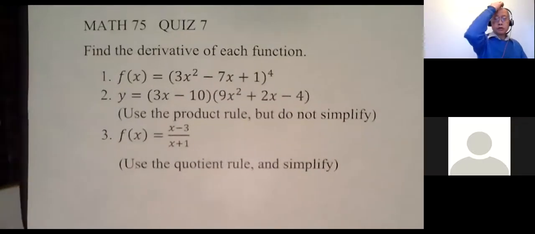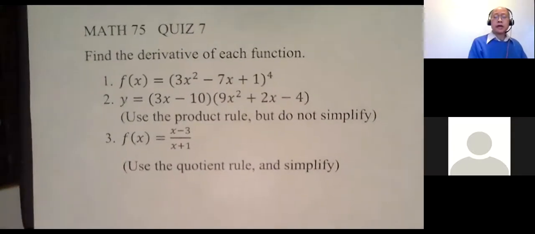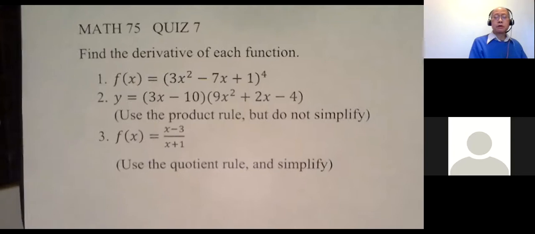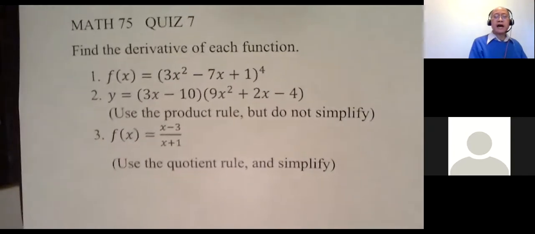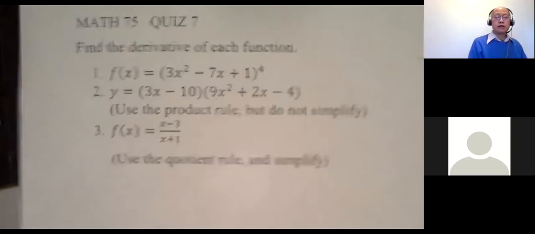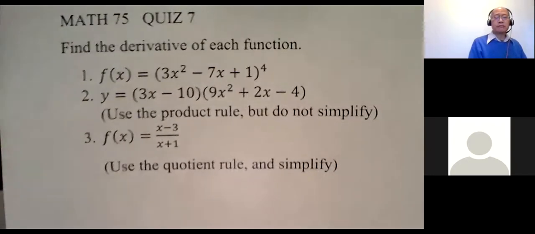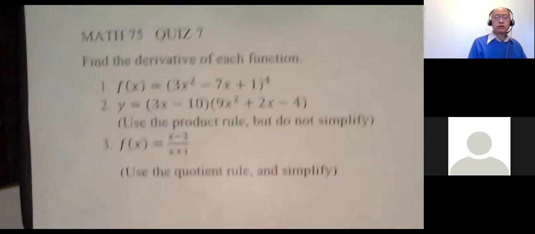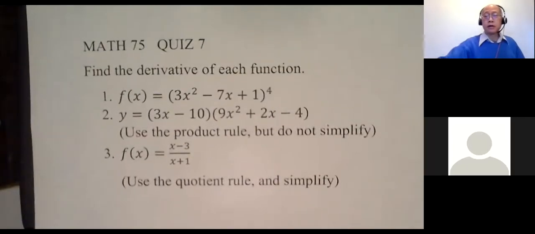Number two, y equals (3x minus 10) times (9x squared plus 2x minus 4). Use a product rule, but do not simplify, it says. Number three, f of x is (x minus 3) over (x plus 1). It says use the quotient rule, but this time do simplify.